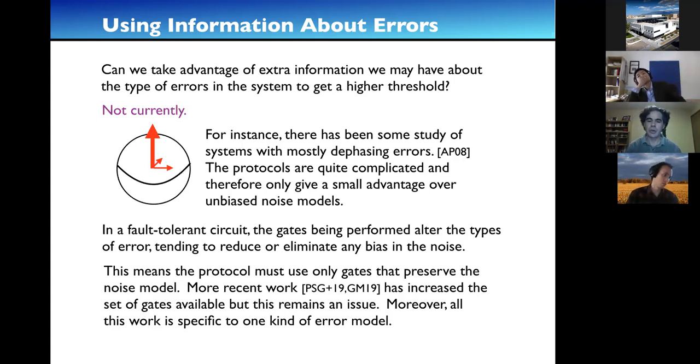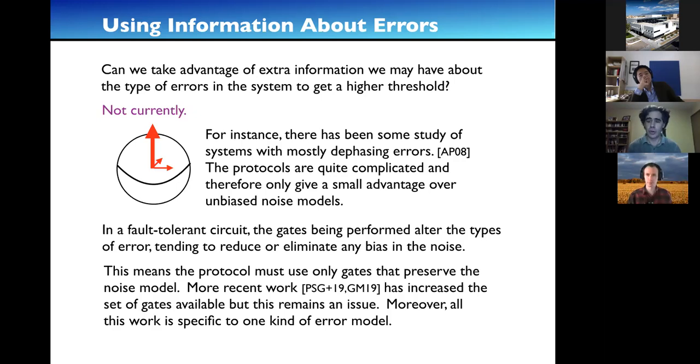The reason for that is that it's hard to get much advantage out of protocols designed for specific errors, because whenever you do a quantum gate, it modifies any errors that have already occurred in the system. For instance, if you do a Hadamard gate, the Hadamard interchanges the Pauli X basis and the Pauli Z basis.